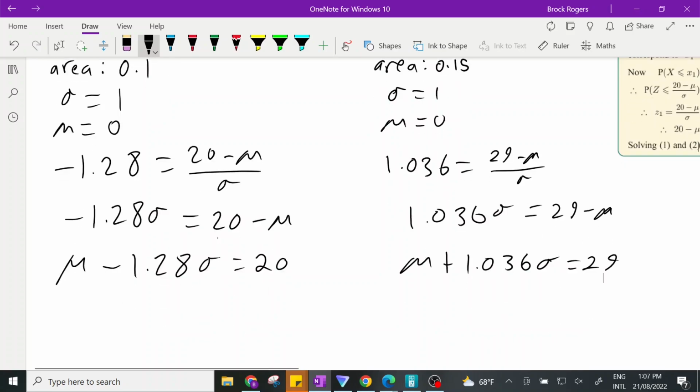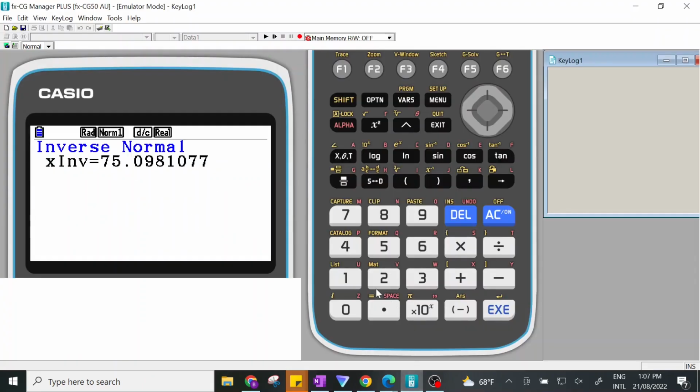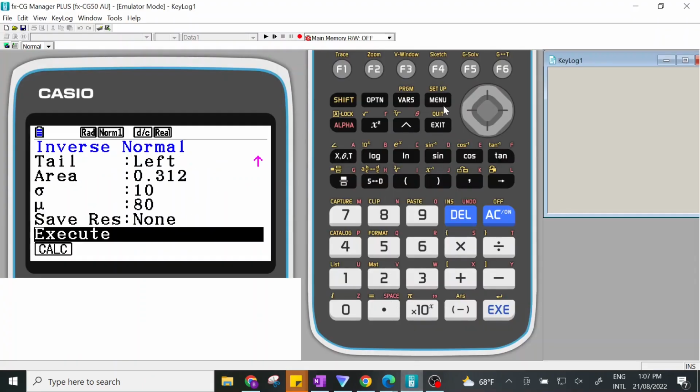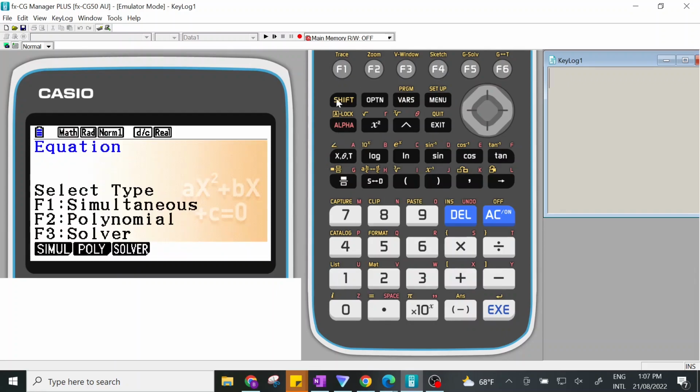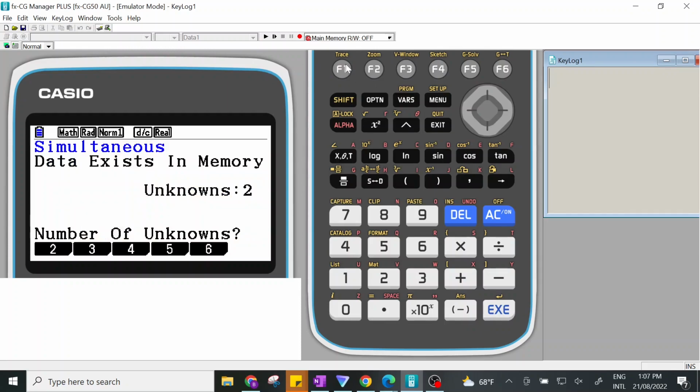All right, this is what you can do now. I'll show you actually on the calculator. So you can go menu, equation mode. If you're doing this on TI, equation mode solver is also there as well. If you don't know how to use it, then go to YouTube. If you type it in, you'll find it. Simultaneous equation mode, two unknowns.